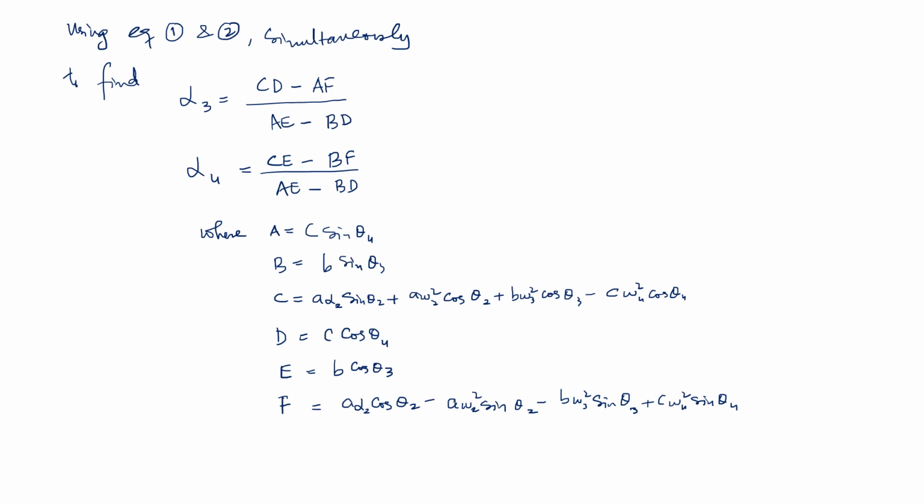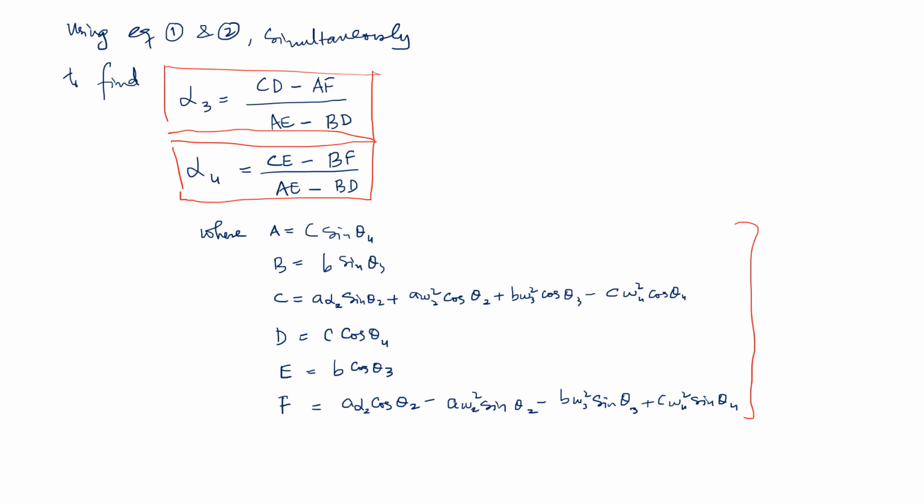Now you can obviously see that you're going to plug in these values over here in these expressions for alpha 3 and alpha 4. And obviously you can also register that among all these expressions over here there is nothing which is currently unknown.